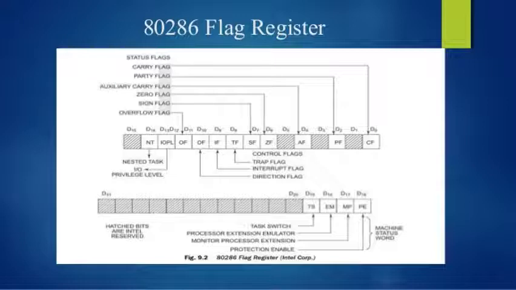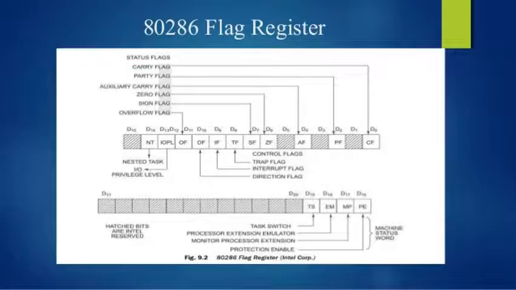Bit D19, when TS is set, this flag indicates the next instruction using the extension will generate exception 7, permitting the CPU to test whether the current processor extension is for the current task.